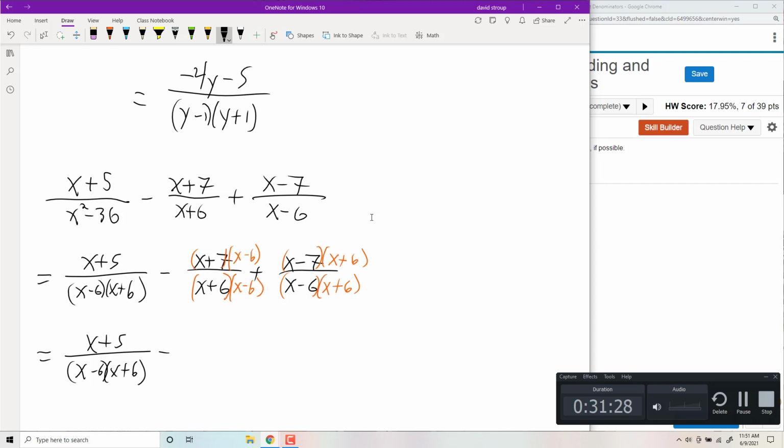So I FOILed. So you get x squared plus x minus 42. Okay, the third numerator, foiling, x squared minus x plus 42.